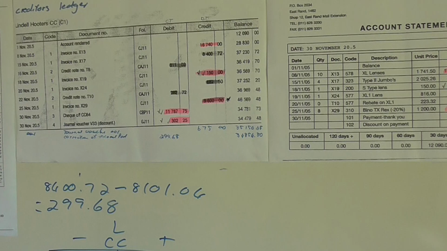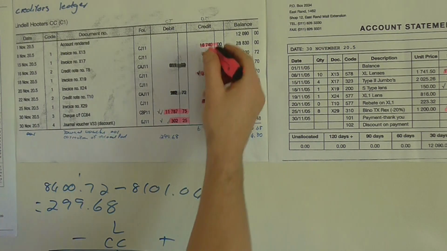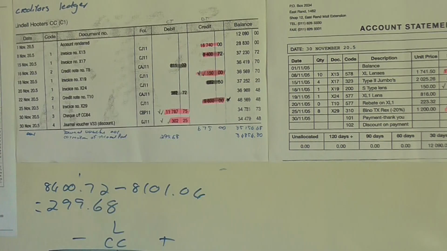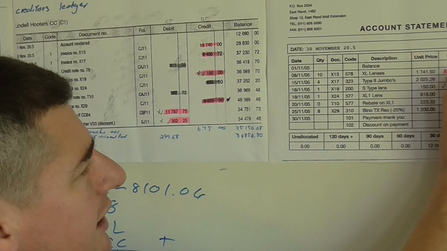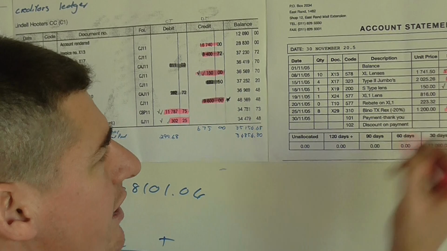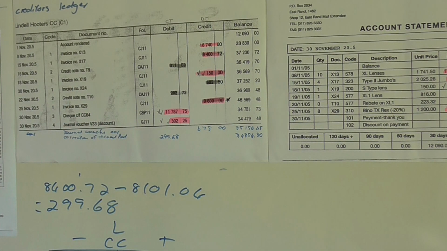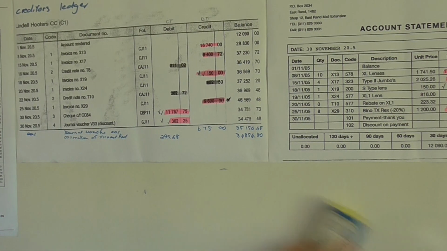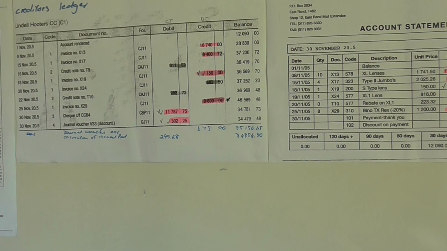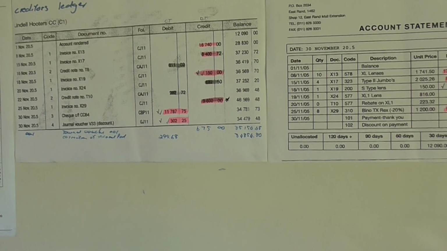Okay, so now let's go through and just highlight our mistakes. So we need to highlight the 8400.72 because we've taken care of that one. And we highlight the corresponding statement entry of 8101.04. Okay, so let's just wipe that. Okay, so now let's go look at problem number 3. Just get in there.